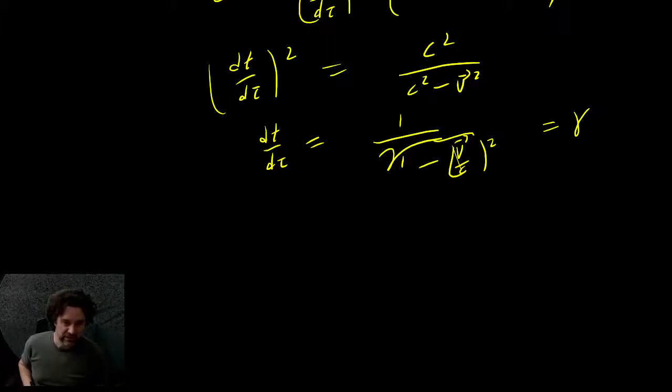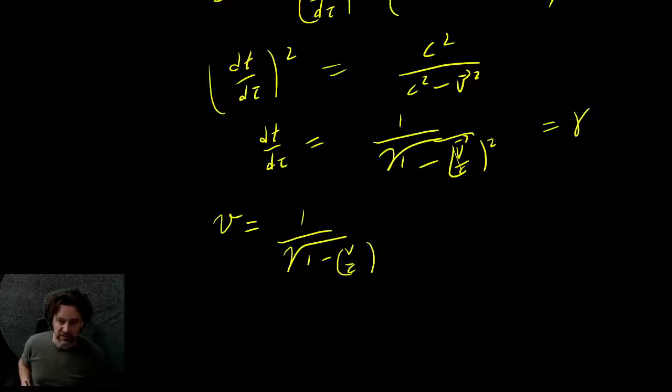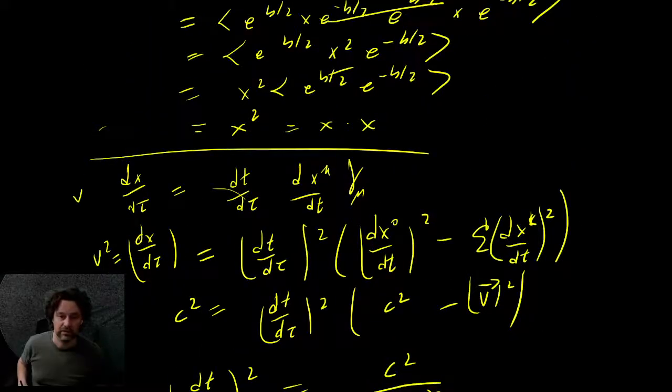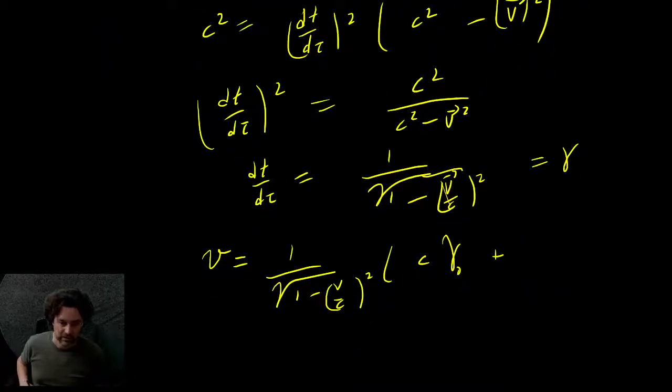And so we can now go and write our proper velocity as 1 over square root of 1 minus v over c all squared times c gamma naught plus the kth component of our velocity, so that e k was dx k dt, the spatial velocity.